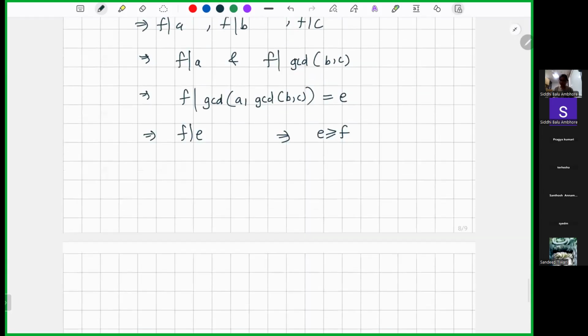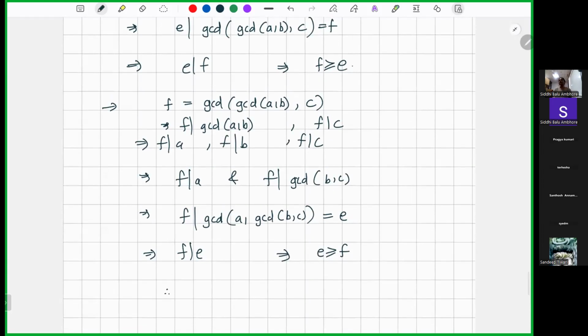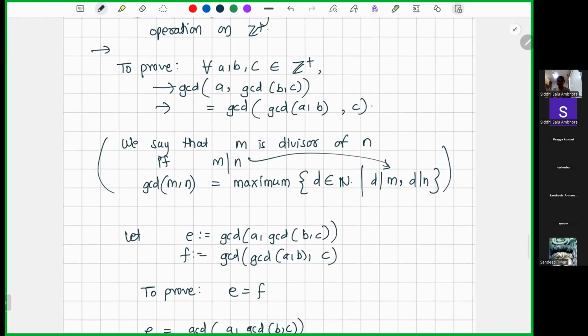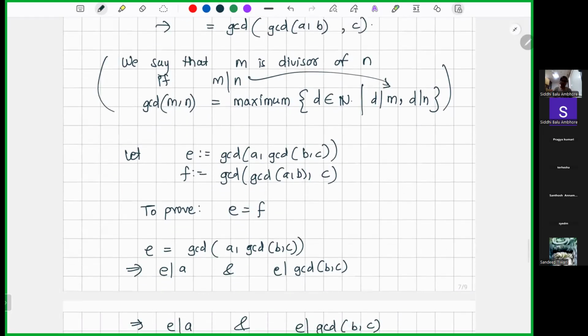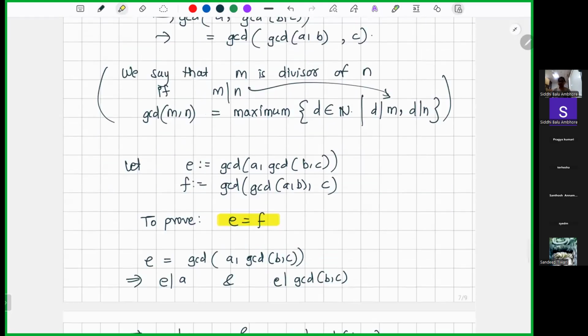Then E is greater than or equal to F by this logic. And so I got that F is greater than or equal to E, which is greater than or equal to F. So E has to be equal to F. And that's what I wanted to prove, that E is equal to F. And that's how we proved the associativity property of this operation.